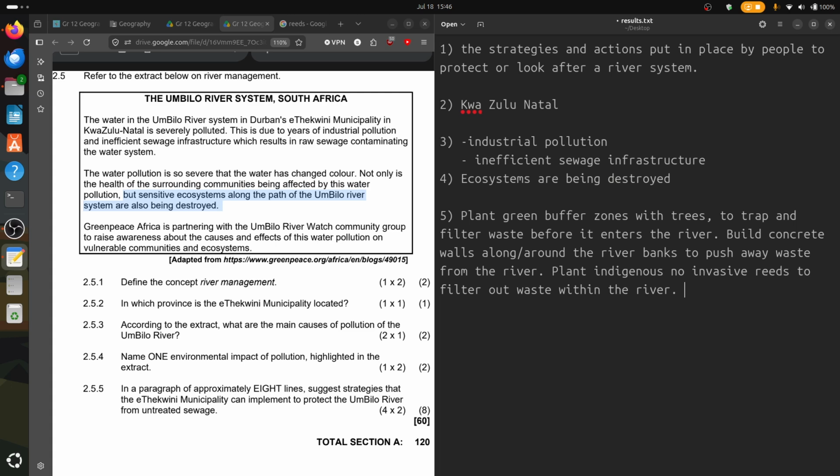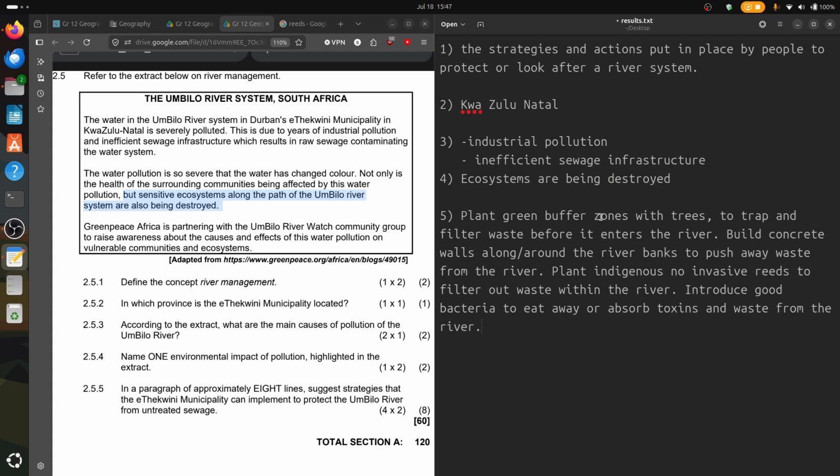So you can introduce good bacteria to eat away or absorb toxins and waste from the river.